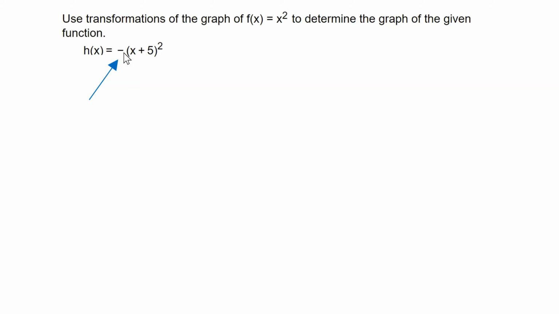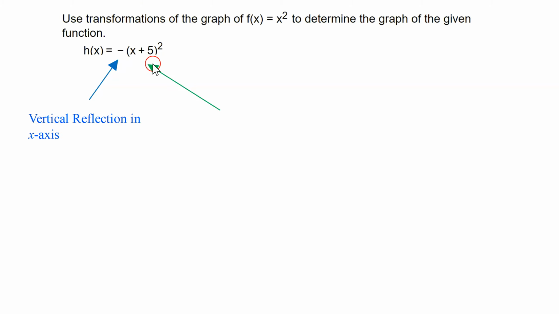So I'm going to have a vertical reflection. That means anything that was on the top of the graph will be reflected down here. So it's a reflection in the x-axis. So multiplying by a negative 1 outside is a vertical reflection in the x-axis.